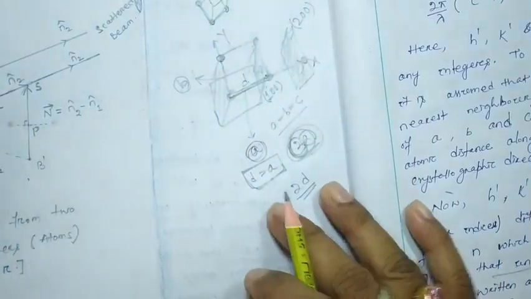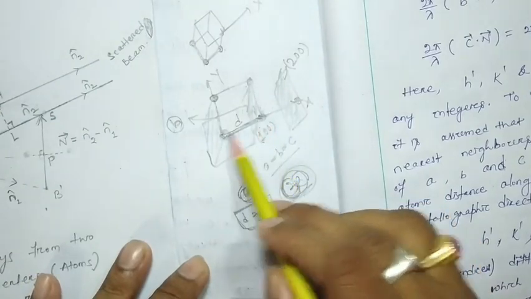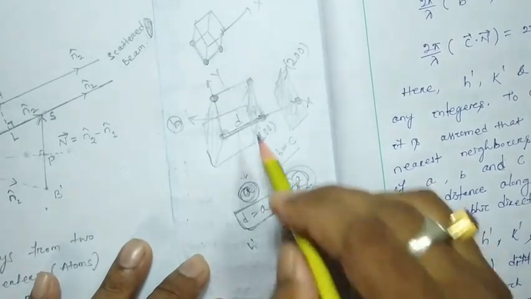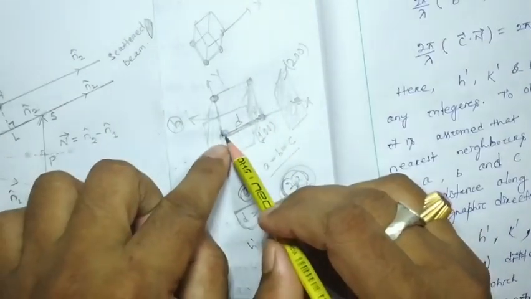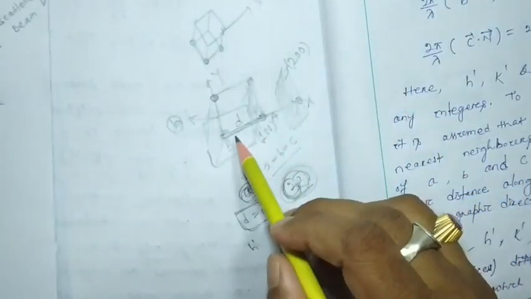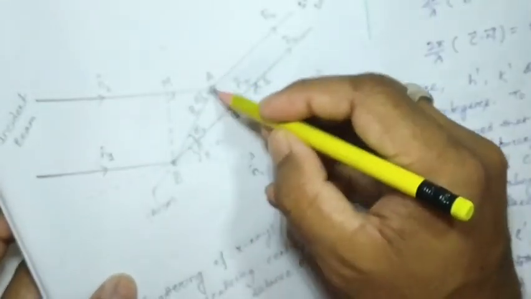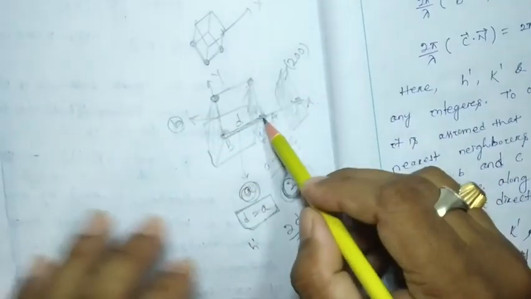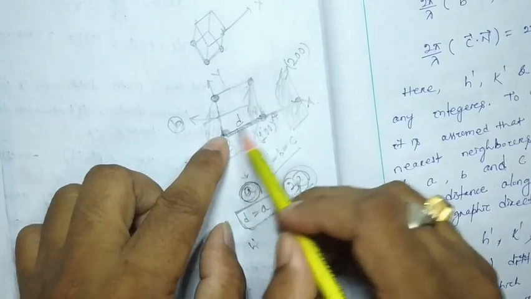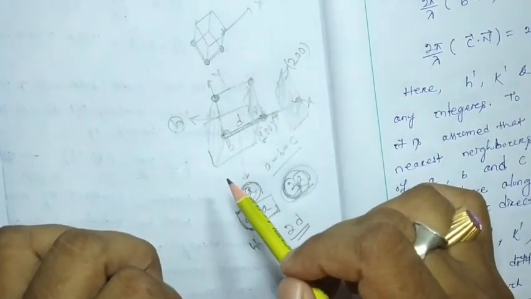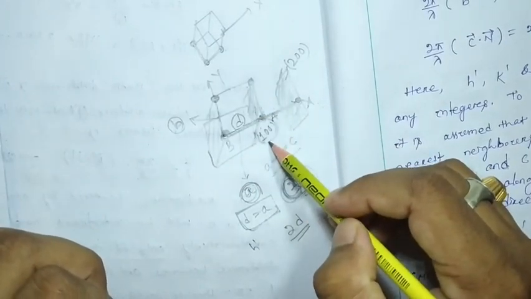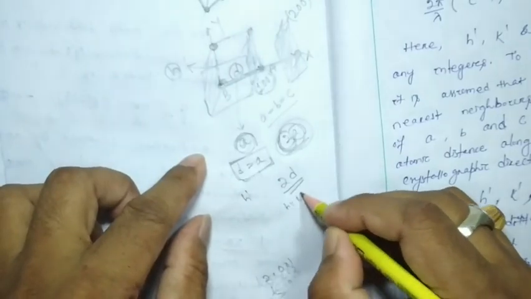You got my point? See here, h' for this plane is 1. Here is one atom, suppose this is B and this is A, along the x-axis. The B to A distance is A. The B to A interplanar spacing is D, and this plane is nothing but 1 0 0, that is hkl.